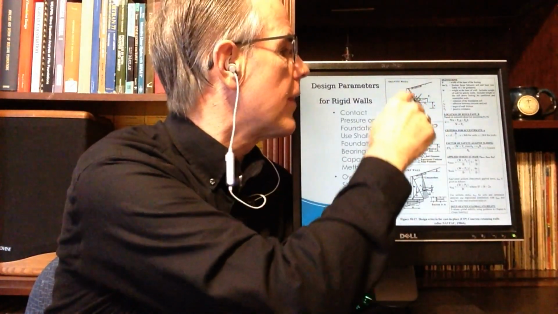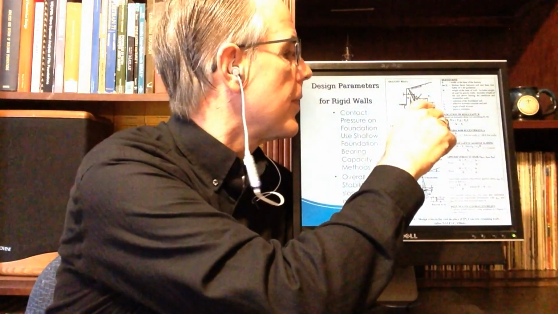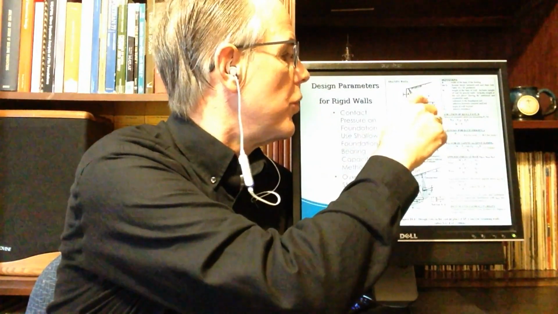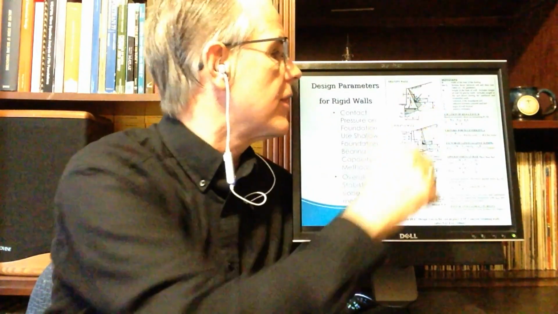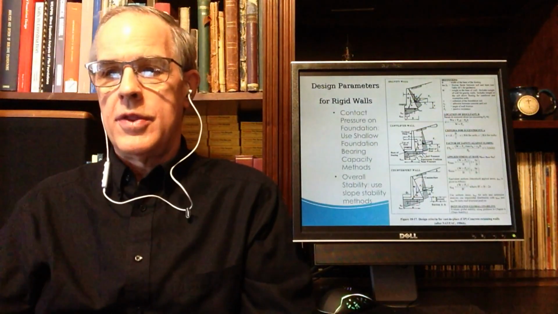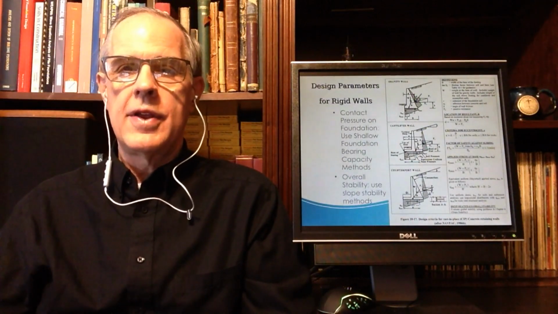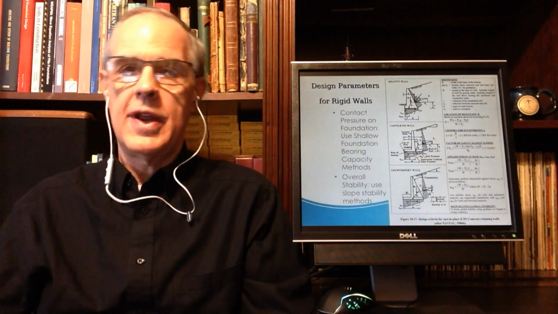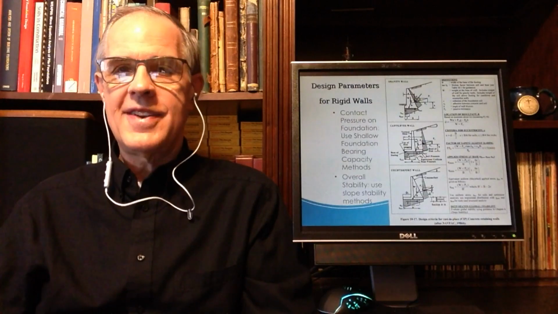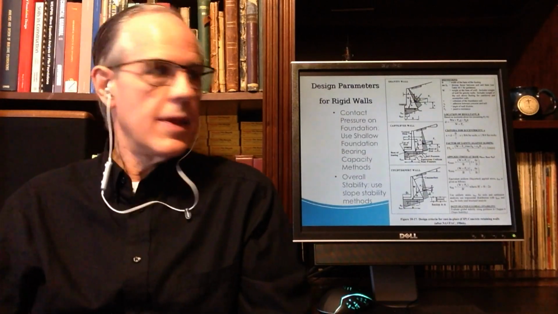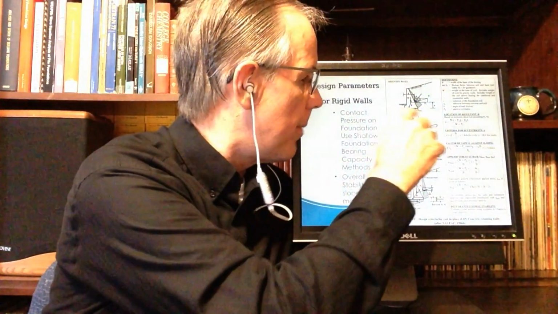These are described using a normal component and a tangential component, because they are due to gravity acting on the soil, which in turn acts on the wall. Resisting that, in addition to the weight, is the bearing capacity at the bottom.